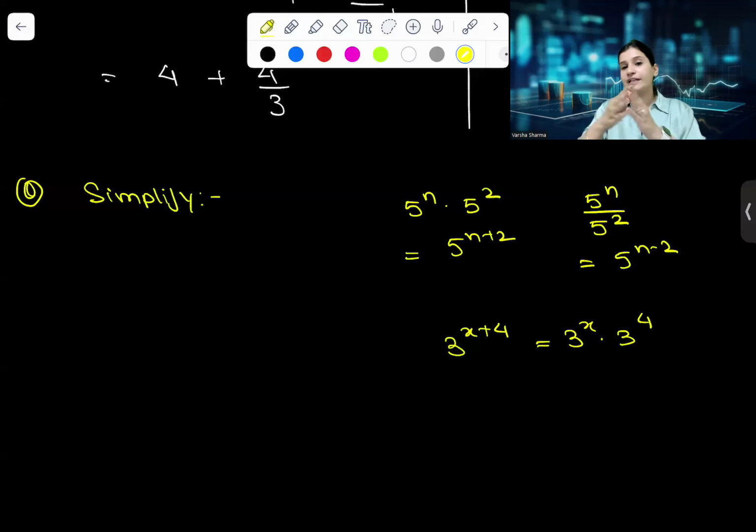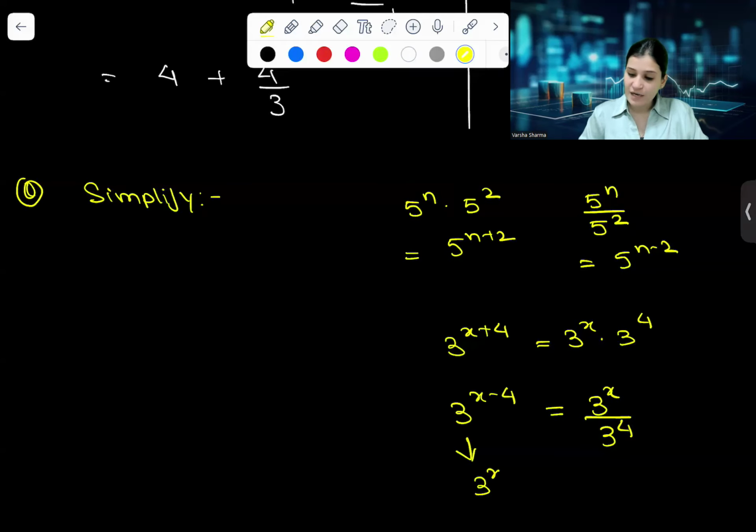Because the power was positive, so I can split them into multiplication. Yes, ma'am. If I have 3 power x minus 4, since the power is subtracted, I can divide them. Or what I could have done is 3 power x into 3 power minus 4. Even that would have been okay, I guess.